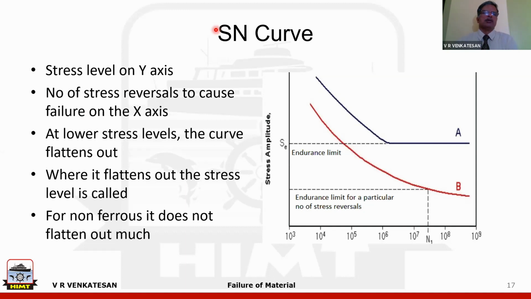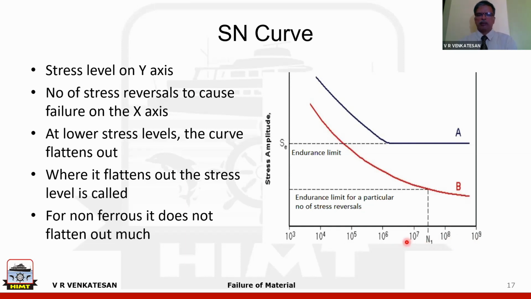Now in the SN curve, you have stress levels on the y-axis, and the number of stress reversals to cause failure on the x-axis. So this is 10 raised to 3, which means 1000, like this. This value will depend on RPM, and it will also depend on the number of hours.